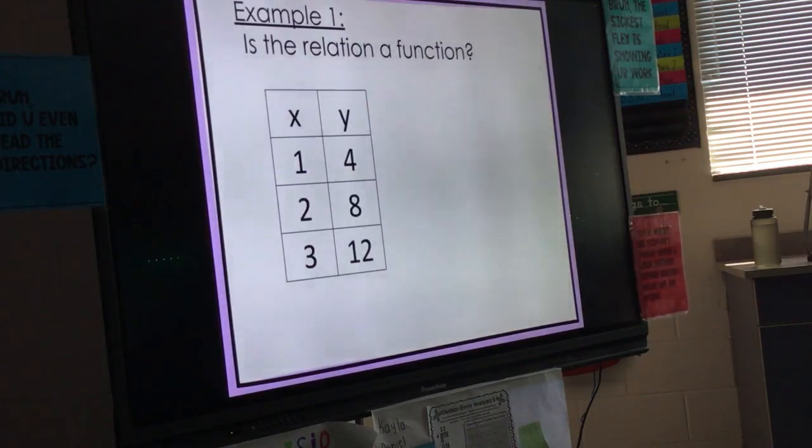And I want you to highlight the times 4, because that is what we did for every single one of these. We multiplied the x by 4 to get our y. So again, highlight your times 4.